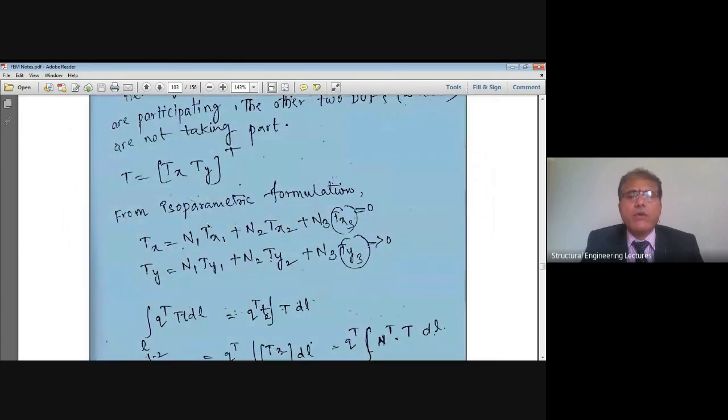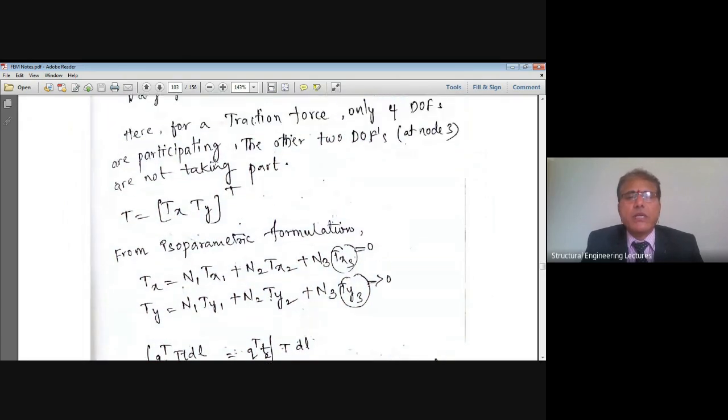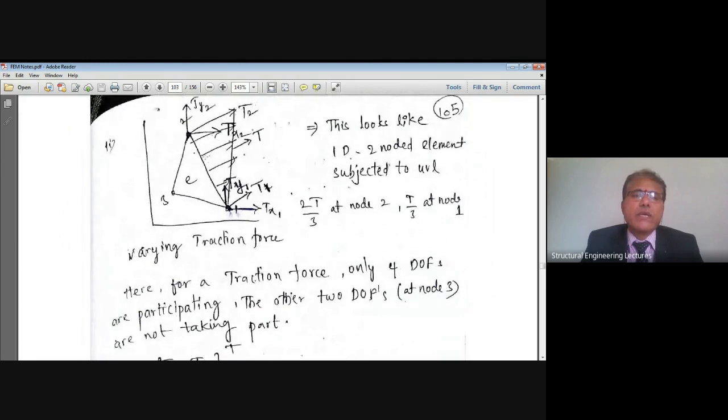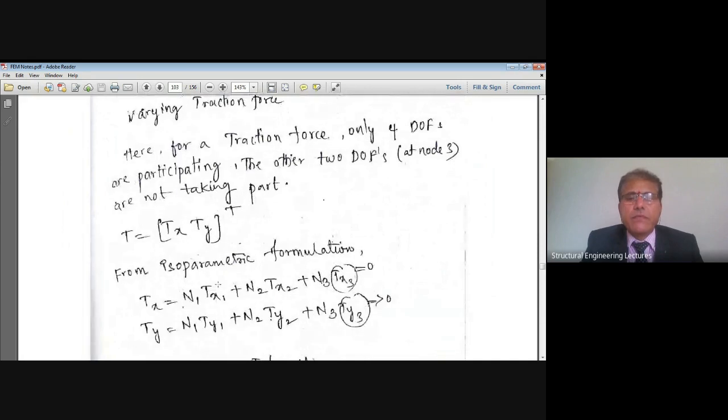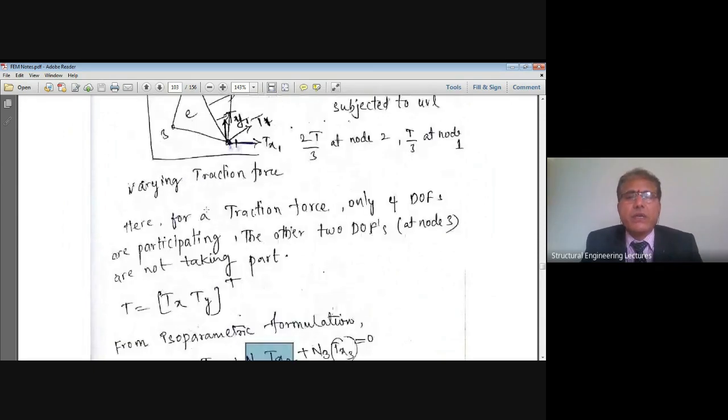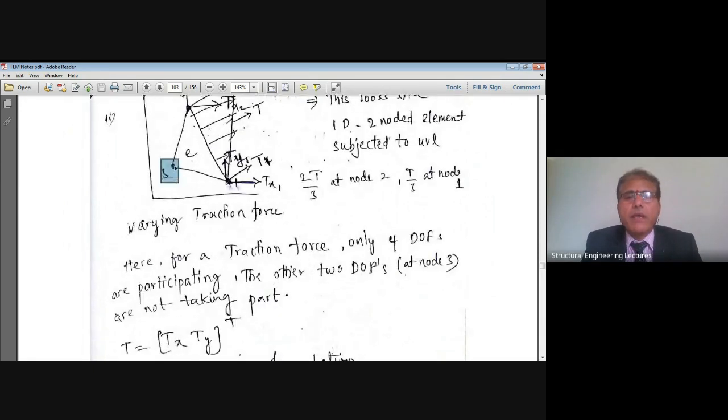But we already know, using the isoparametric formulation, that the traction force at this unknown point can be interpolated using Tx1, Ty1, Tx2, Ty2: the first shape function multiplied by Tx1, the second shape function multiplied by Tx2, plus the third shape function multiplied by Tx3.